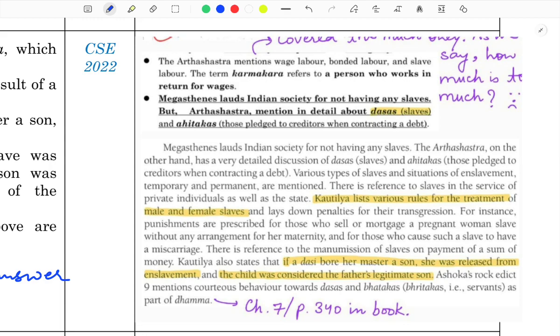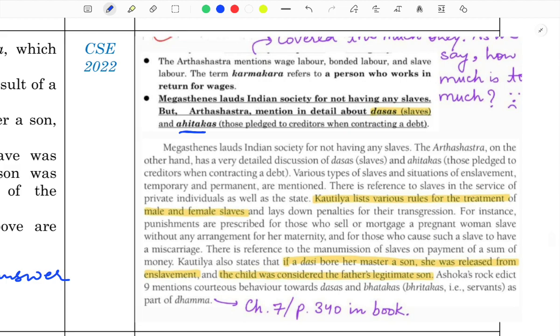So in notes, I did not mention much about the take of Arthashastra on slavery. I just mentioned that Megasthenes lauds Indian society for not having any slaves, but Arthashastra mentioned in detail about Dasa, known as slaves, and Ahitakas, those pledged to the creditors when contracting a debt.